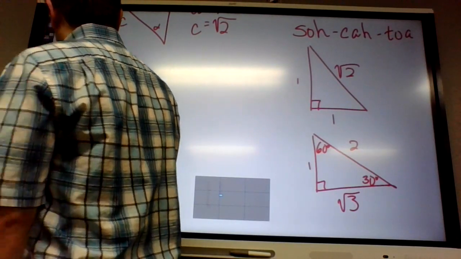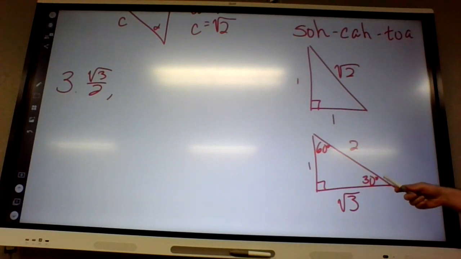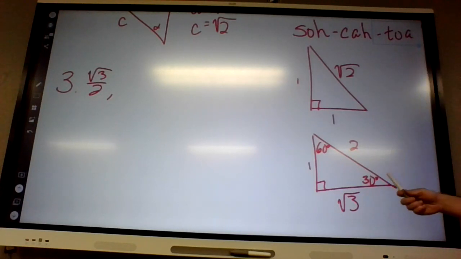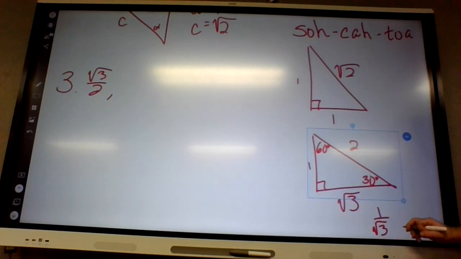Kind of like yesterday, there's lots of answers. Tangent of theta, on number 3, theta is always 30. So it's opposite over adjacent. And 1 over square root of 3, what's that turn into?